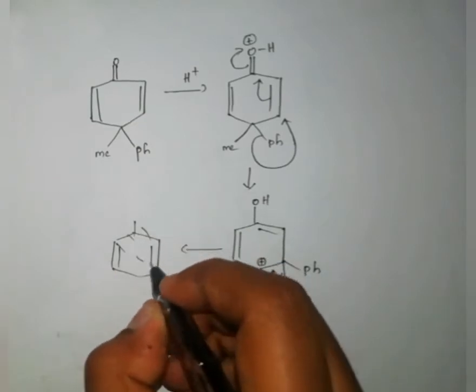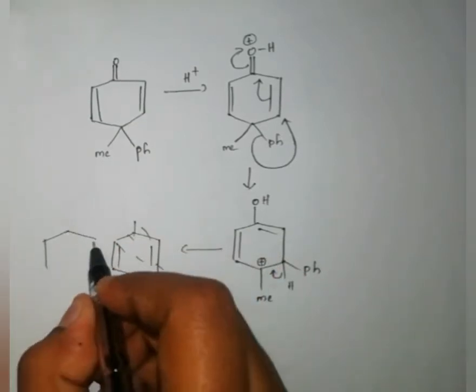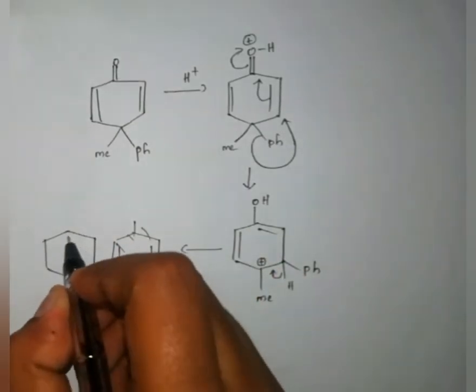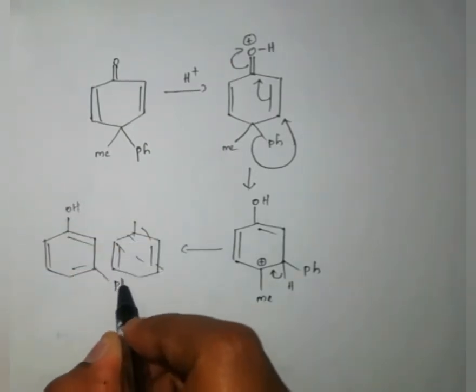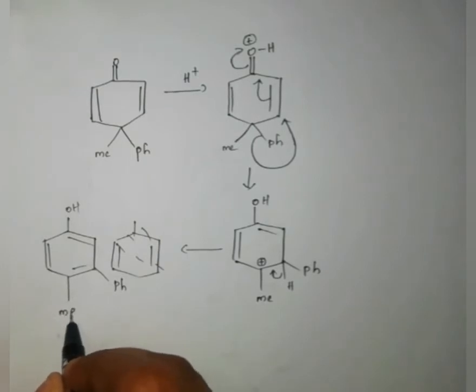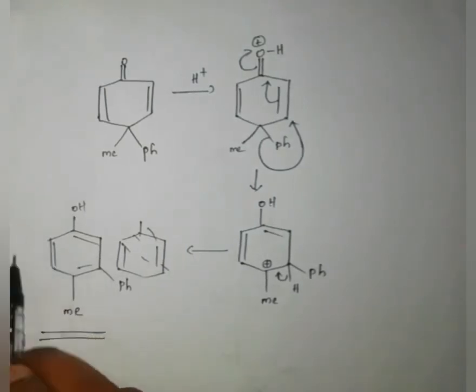Sorry, this one. Here the phenyl group, and this is Me. So this is the product that we get in this reaction.